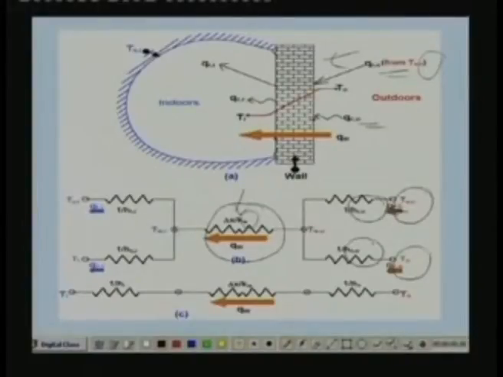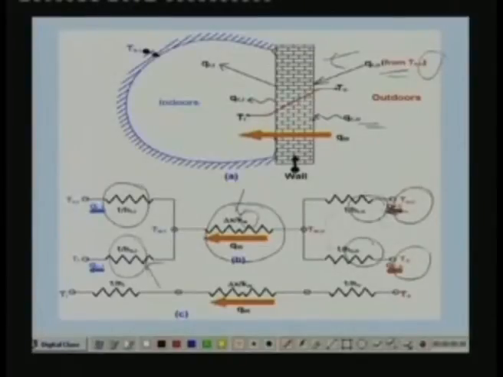And again from the inner surface to the conditioned space, that means to the indoors, you have heat transfer by radiation and convection. So you can see here that 1 by H subscript Ri is the resistance to radiation heat transfer inside the conditioned space, and this is the resistance to convective heat transfer.